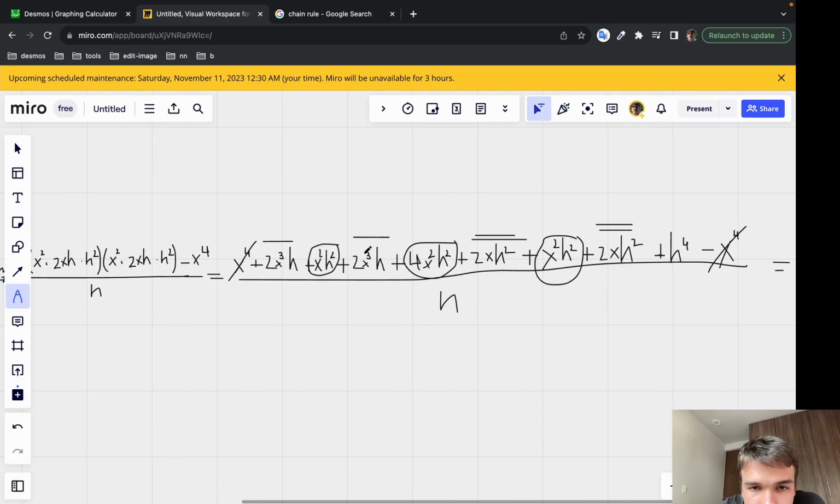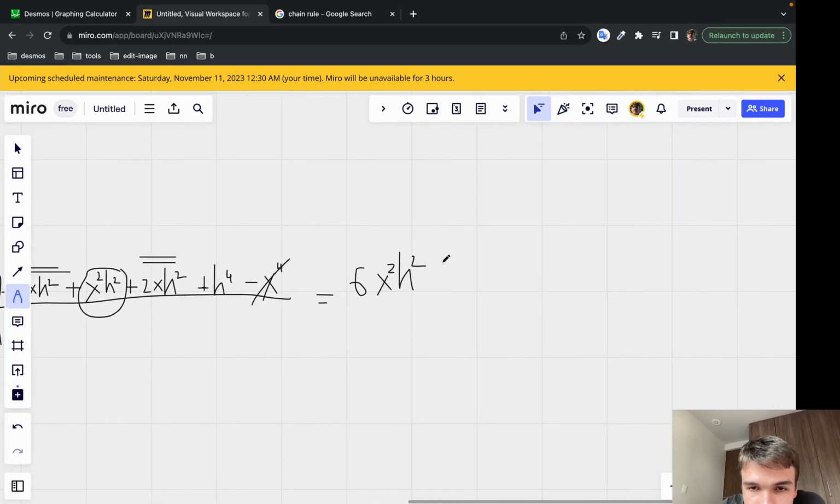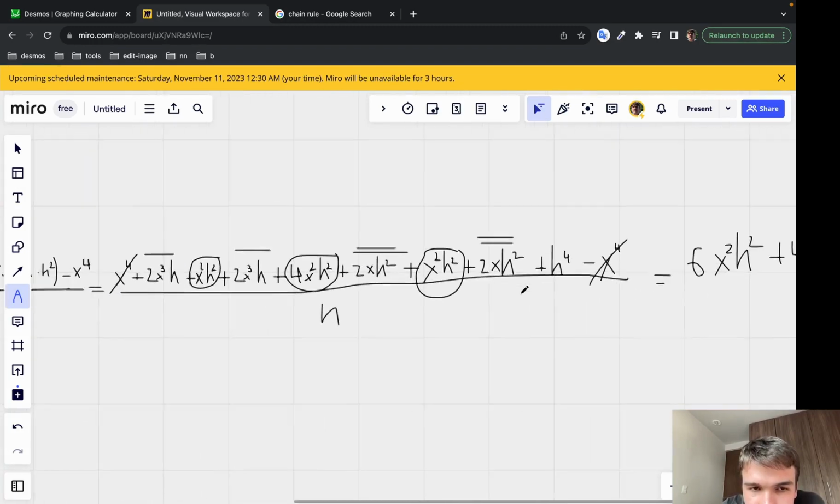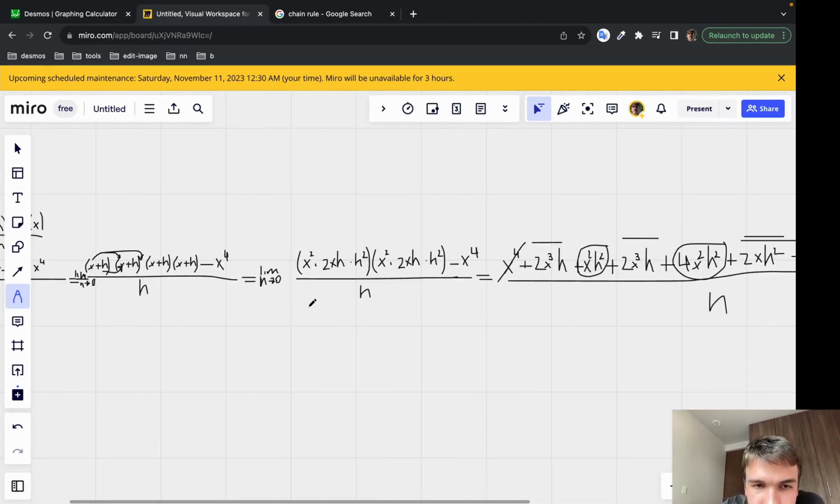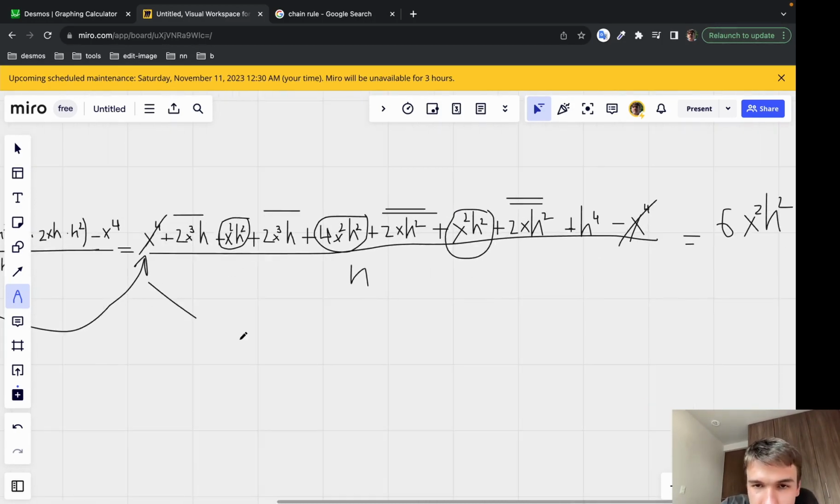So yeah, 4x cubed h. So plus 4x cubed, and of course I forgot about the limit again. This is my weak part of my math. So limit is going to be here, and limit also is going to be here.